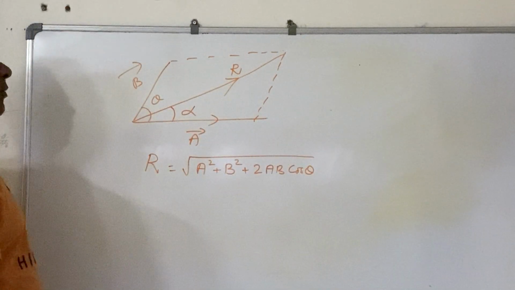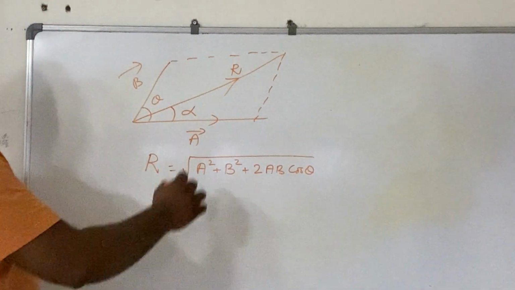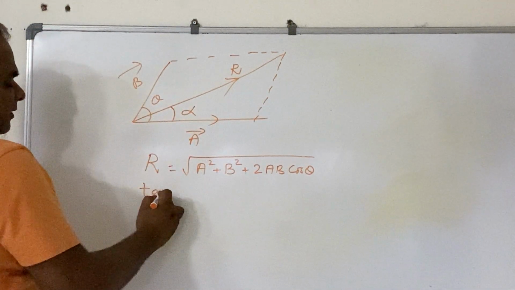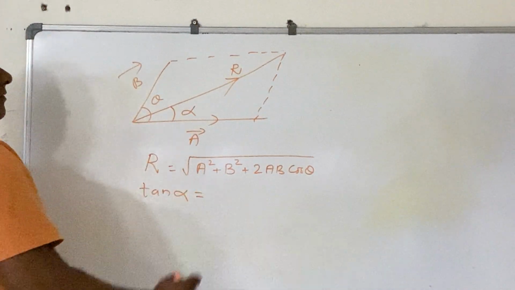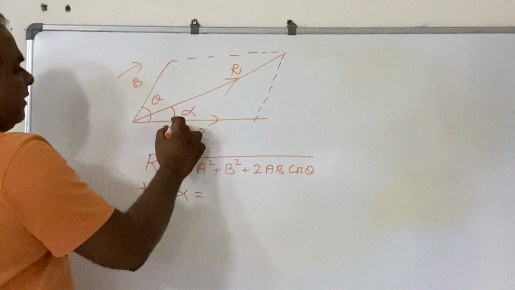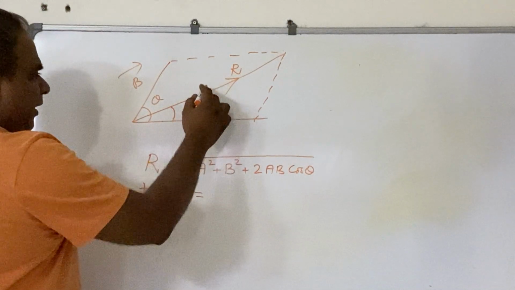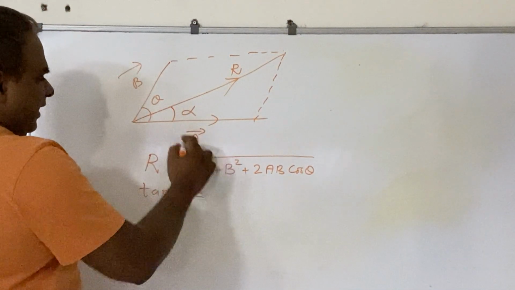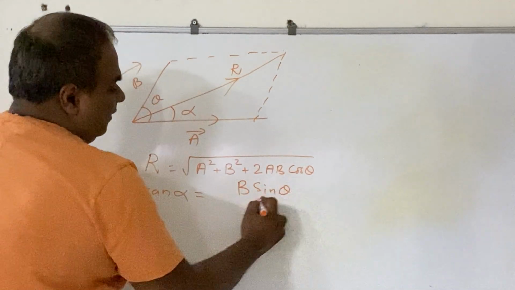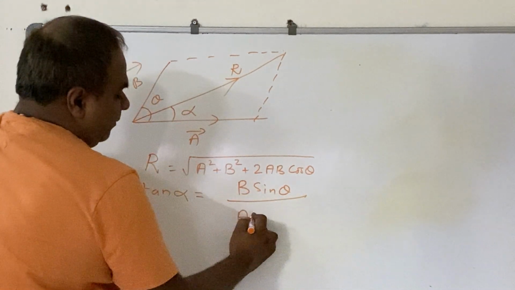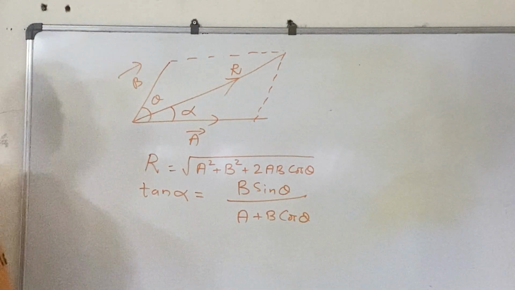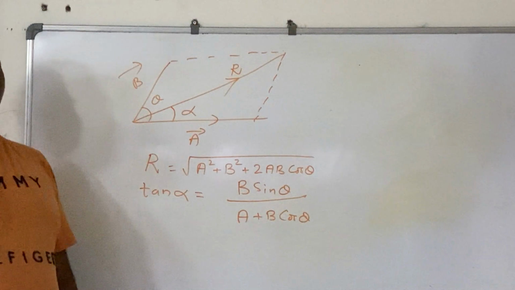This is one formula. The next formula is tan alpha, the angle made by the resultant with the vector A. Tan alpha is equal to B sin theta divided by A plus B cos theta. These two formulas we discussed.